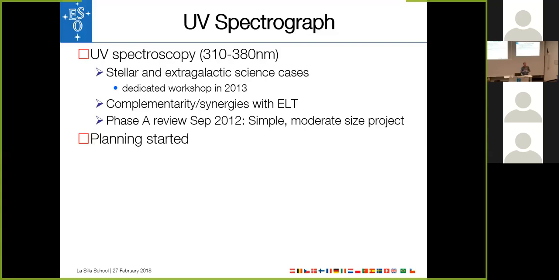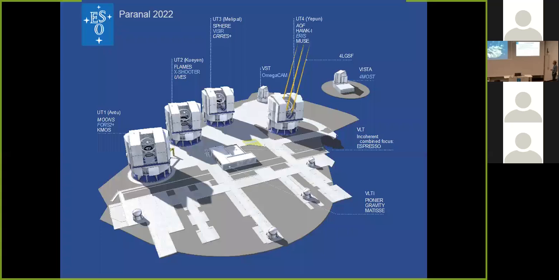That's something that we don't have very good access to. And so there was a workshop 5 years ago here in this room to discuss this. And there are complementarities and synergies with ELT. Hopefully we can get going on this maybe next year. That's what Luca's plan is. So in 4 years from now, we hope that Paranal looks something like this.